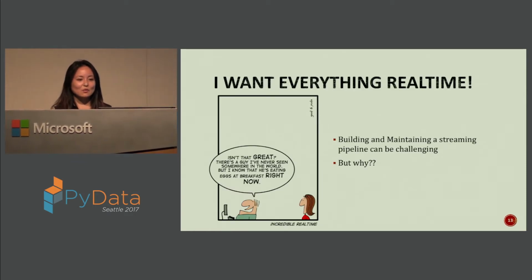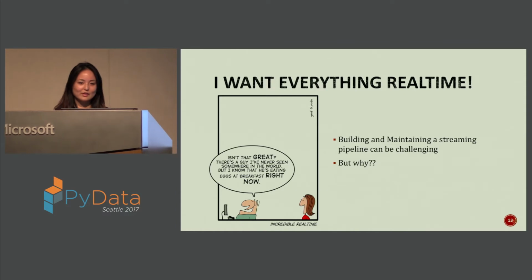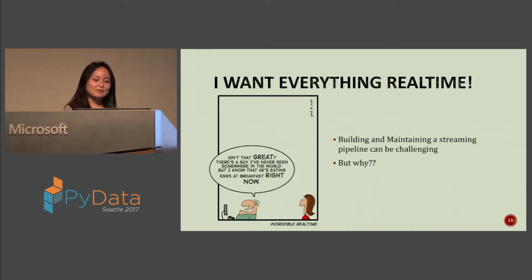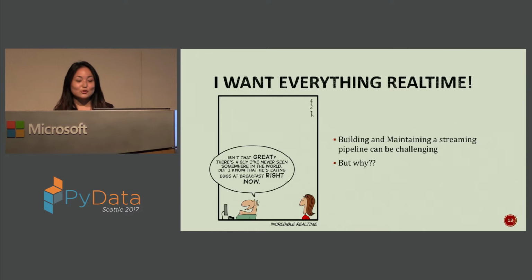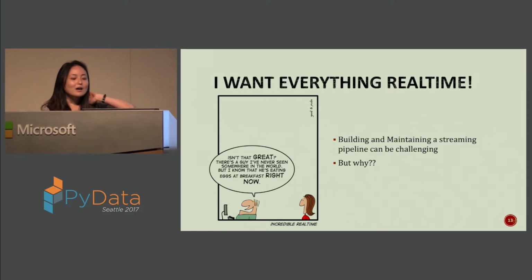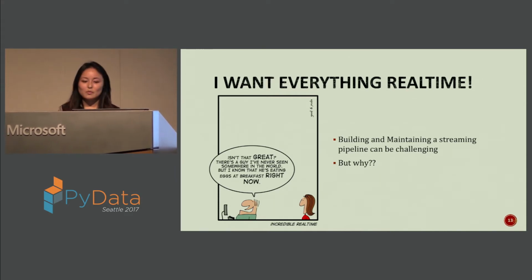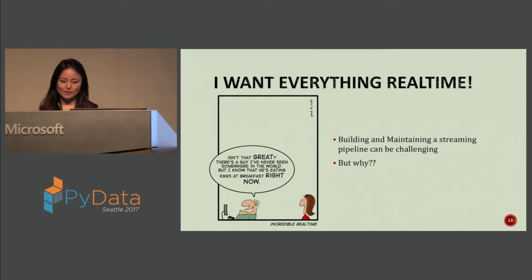However, your team may decide, well, we want everything real time and streaming, whether because you want a more real-time decisioning system, or because streaming just looks so cool and everyone else is doing it. So you decide to do that. But just keep in mind, streaming is cool, yet it can be a little challenging to build and maintain a streaming pipeline. You may be curious why that's the case.